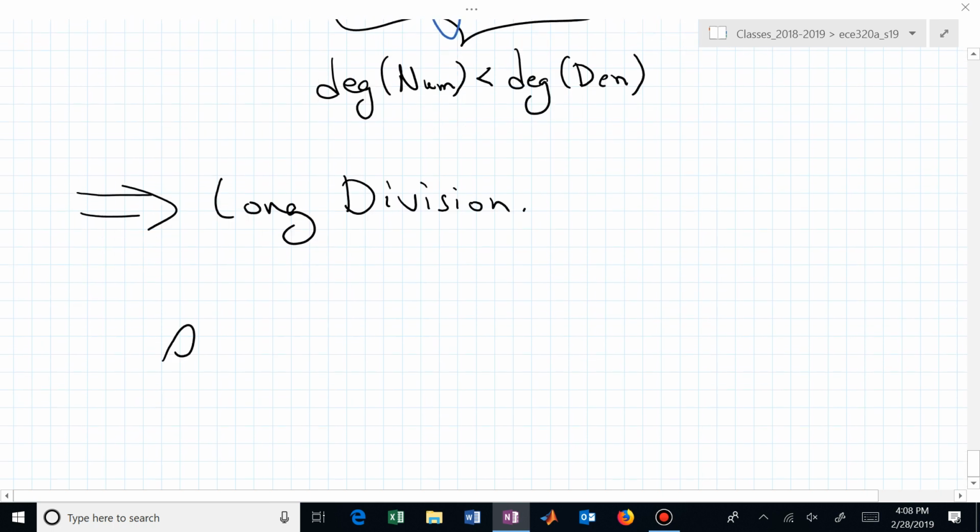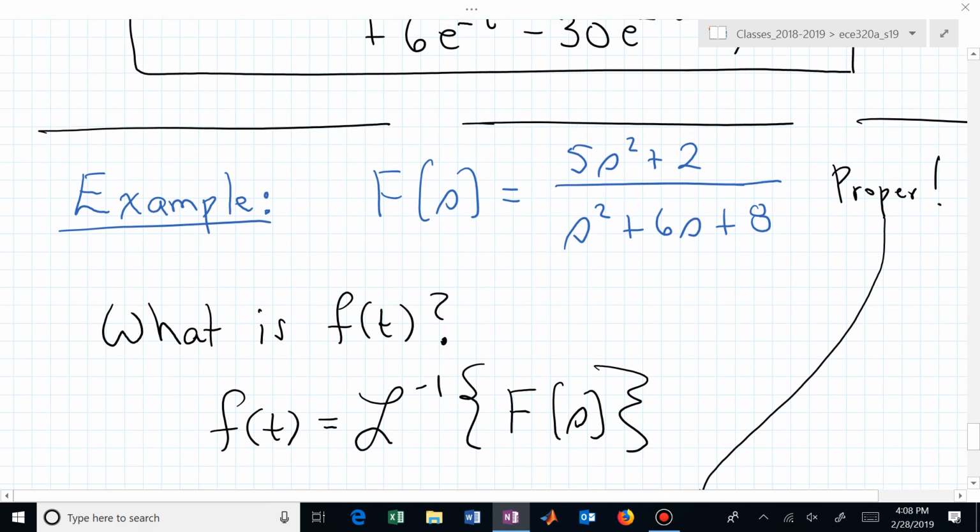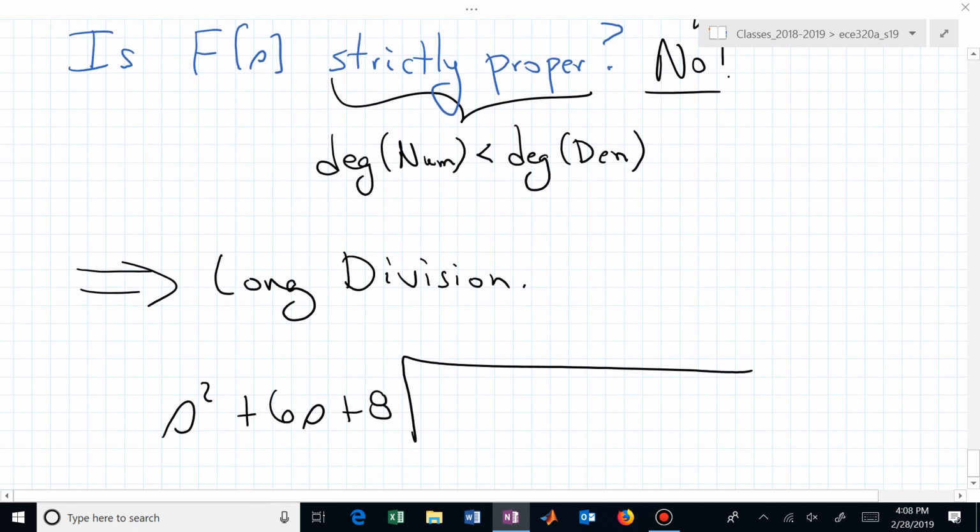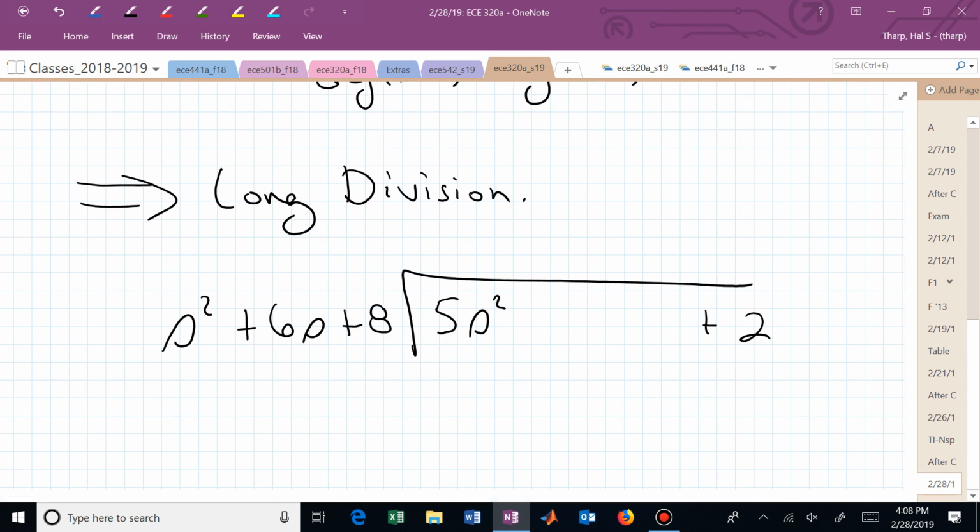So we have our denominator, which was s squared plus 6s plus 8. I hope that's what it was. And we need to divide that into 5s squared. Note that I'm putting some space in between my quadratic s and the constant term, because I know that I'm actually missing a linear power, or an s to the first power. This is not difficult.